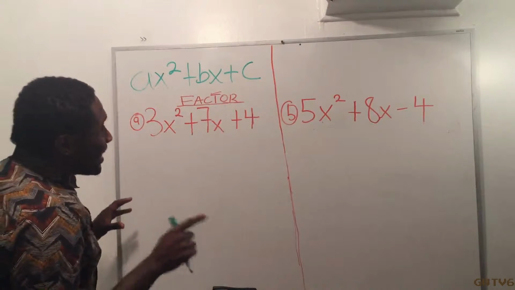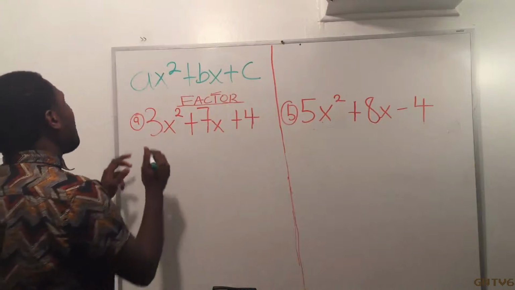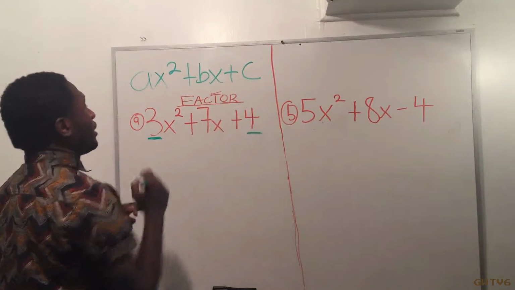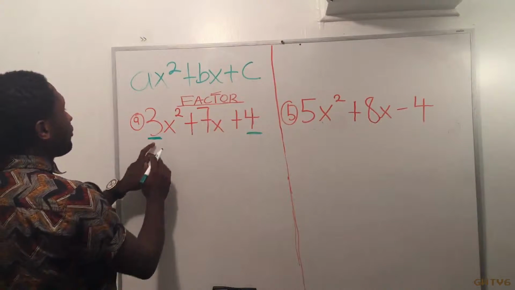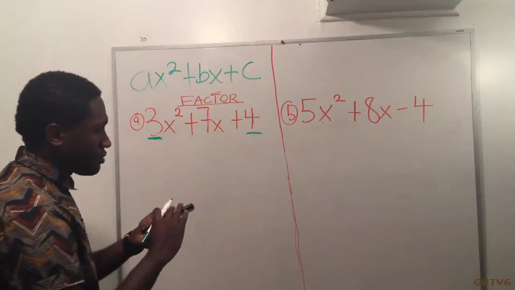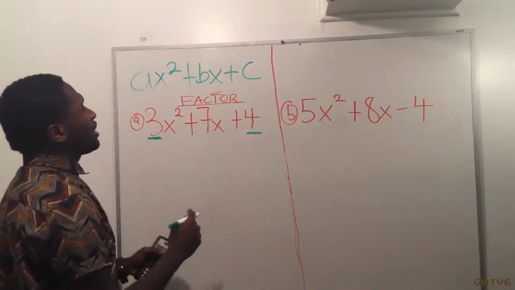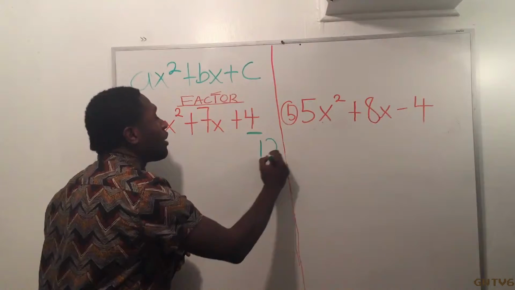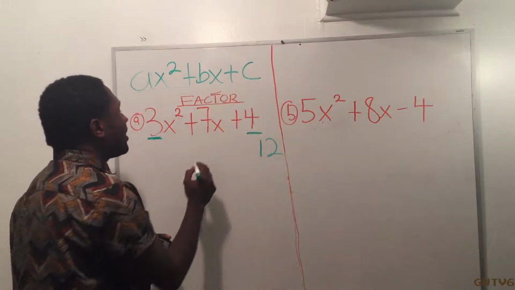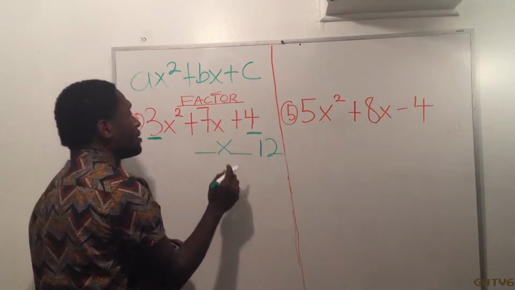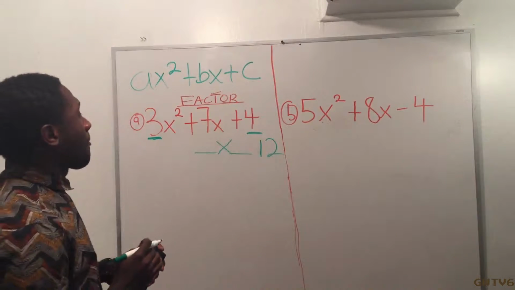The next step would then be that I have to multiply the first and then the last number that I see. So I'm doing 3 times 4. And 3 times 4 is, I'm not going to use my calculator, 3 times 4 is 12. So what I'll do is I'm just going to put 12 down. And then I'll look for two numbers that if I multiply, I should get that 12.